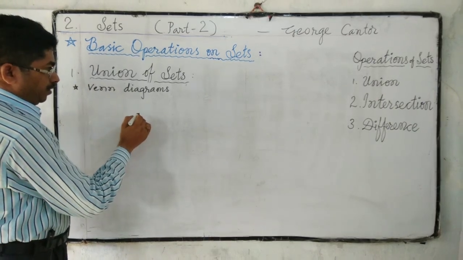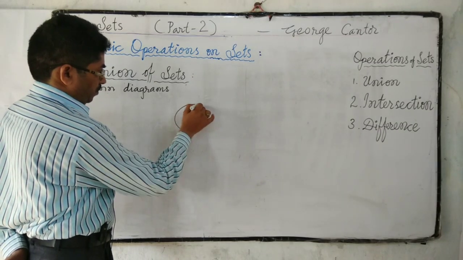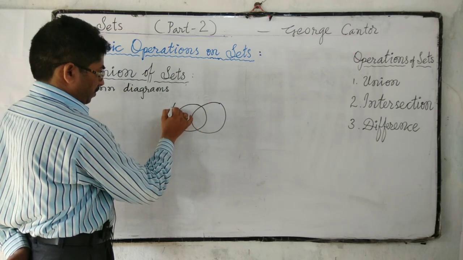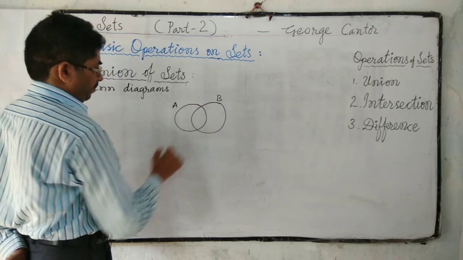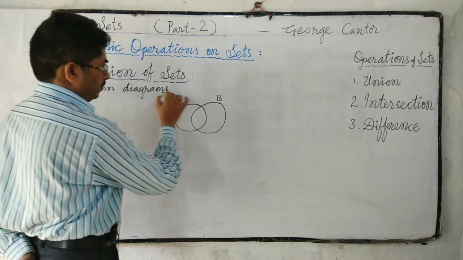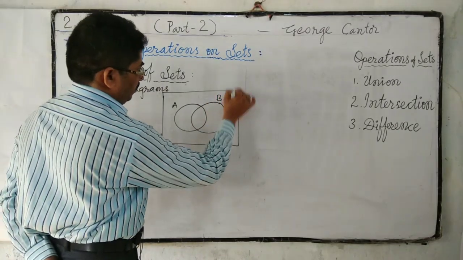So here two sets, A, B, these are intersecting. Mu.